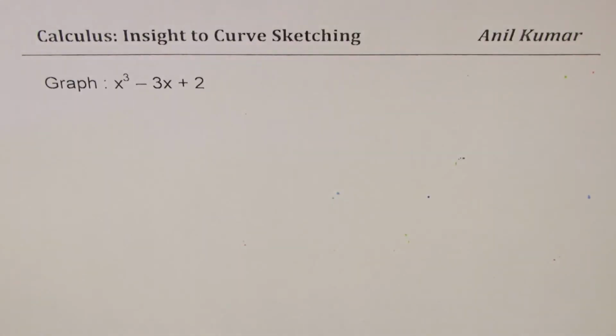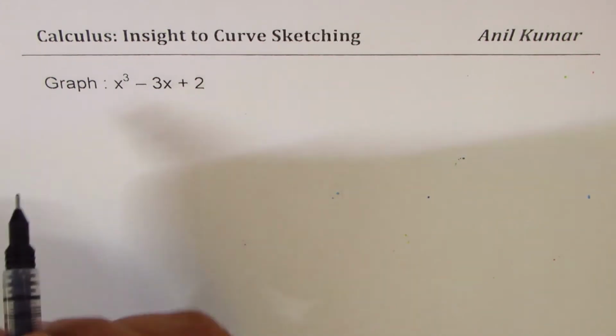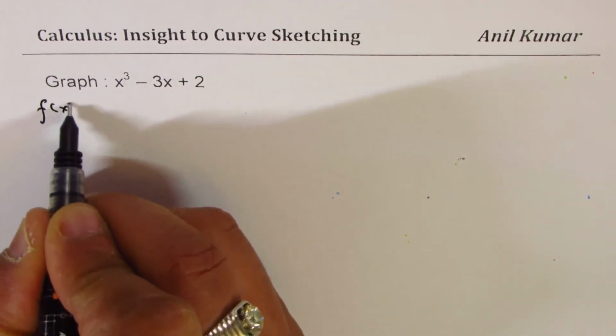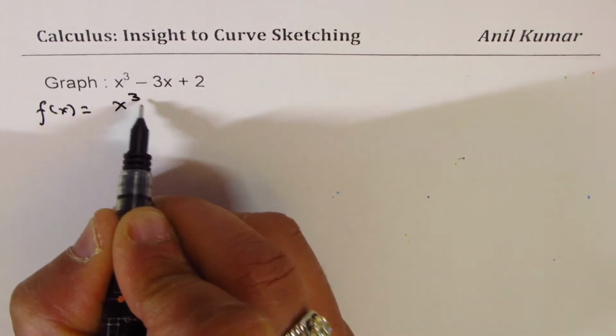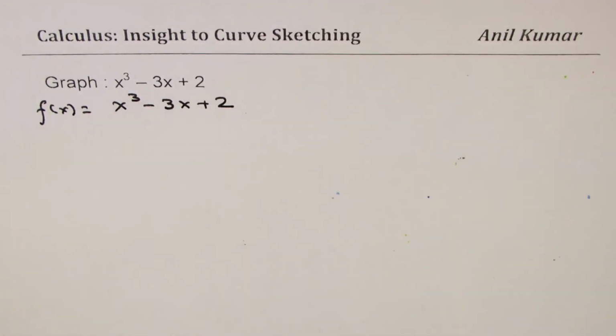Now let's move on to the next curve. Now we'll write this as a function f of x equals x cubed minus 3x plus 2. Again, we know the end behavior, right?